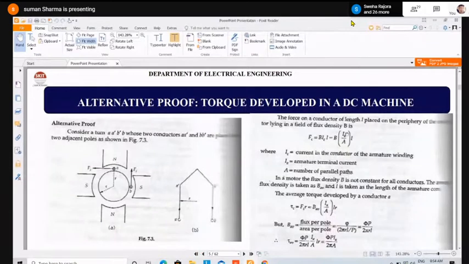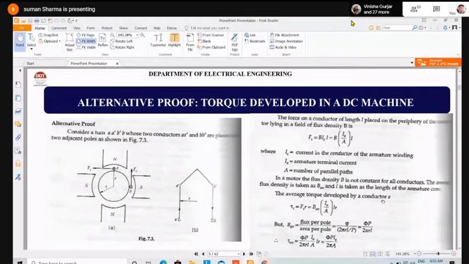So your current is divided into A number of parallel paths. IC is the current in a conductor of the armature winding, and IA is the armature terminal current. A is the number of parallel paths. B is the flux density. It is not constant for all conductors, so we will take the average flux density to derive the average torque.